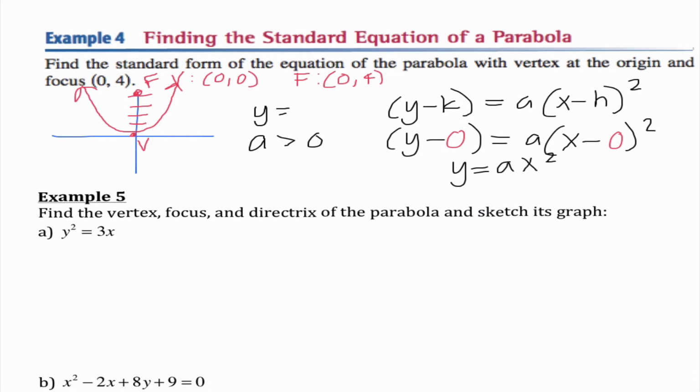And at this point, we might be a little bit unsure, how do we find this a? Okay, so we're going to rely on the information given to us. I know the vertex is 0, 0, the focus is 0, 4, so that tells me that this distance is 4. Okay, the focus is 4 spots away from the vertex.